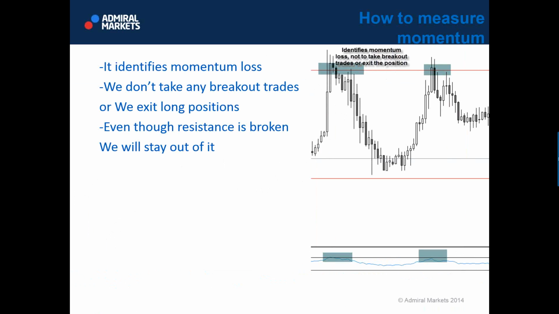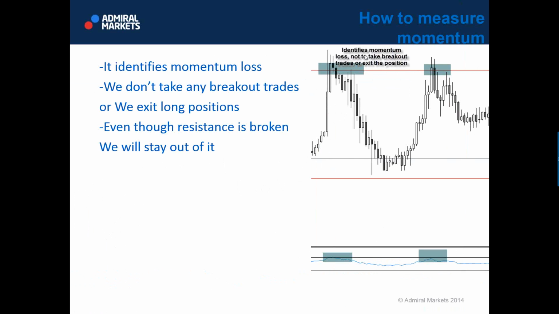How to measure momentum? Basically, we can identify important support and resistance levels. If we pair important support and resistance levels with the RSI indicator, you will see this example.